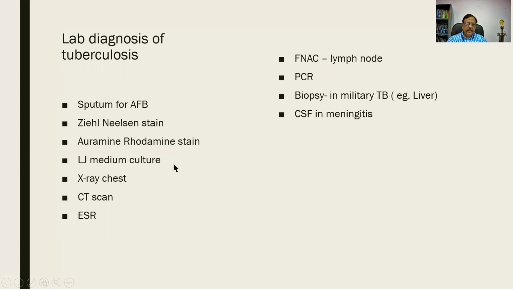And Lowenstein-Jensen medium, X-ray of the chest, CT scan, ESR, FNAC if there is any lymph node enlargement. Today, polymerase chain reaction is the talk of the town. Biopsy can be taken from organs such as liver to rule out a miliary tuberculosis. And of course, CSF is mandatory in cases of meningitis.